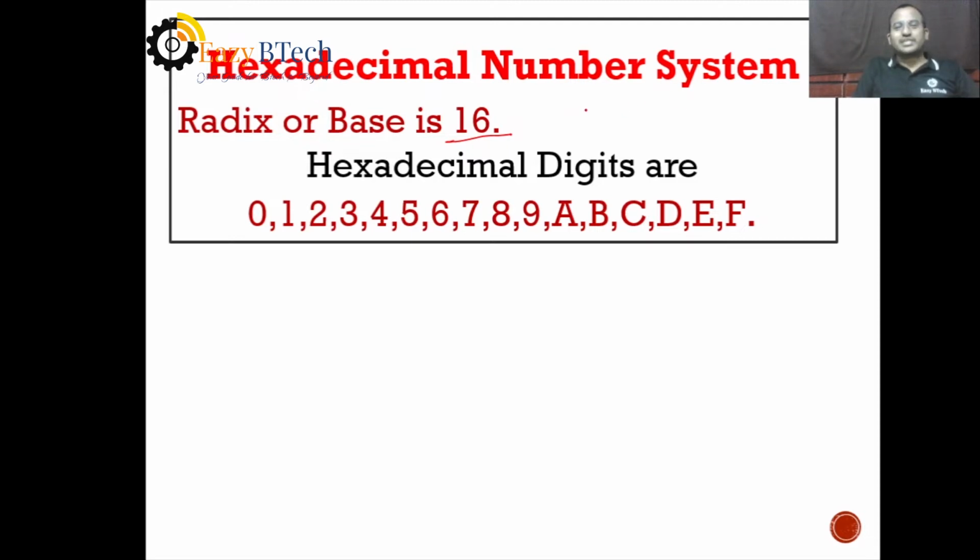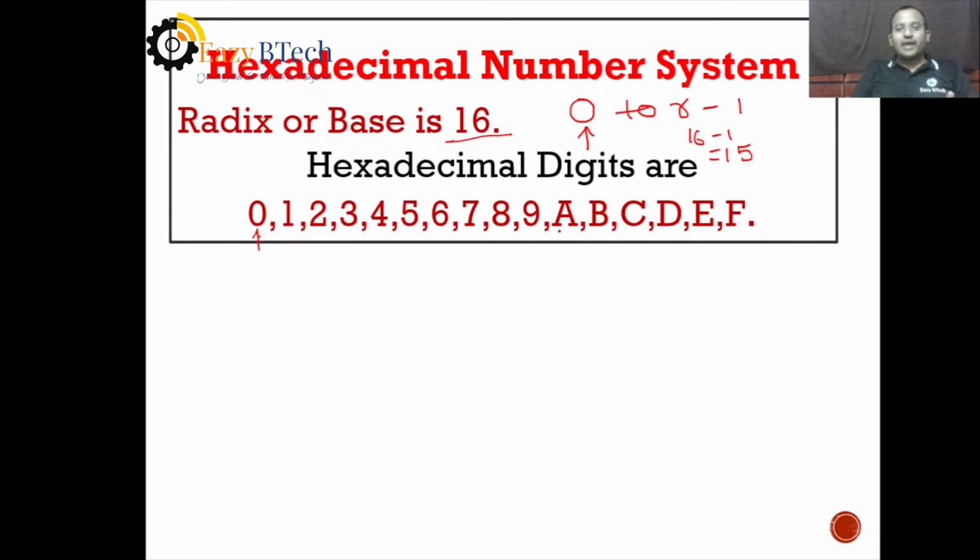As we have said, the different elements present in any number system are 0 to r minus 1. So the minimum element here is 0 and the maximum element is 16 minus 1, that is 15. The different elements in the hexadecimal number system are 0, 1, 2, 3, 4, 5, 6, 7, 8, 9.